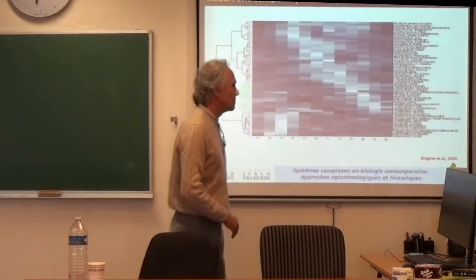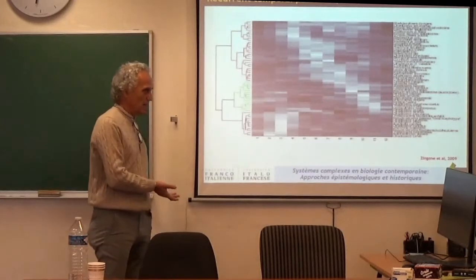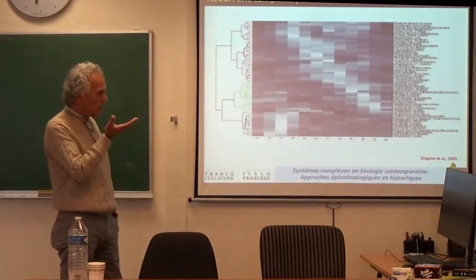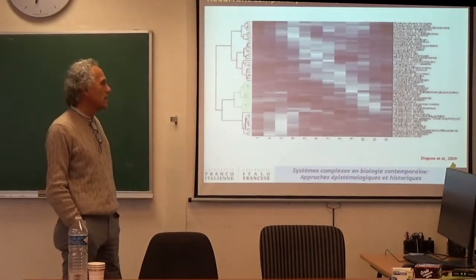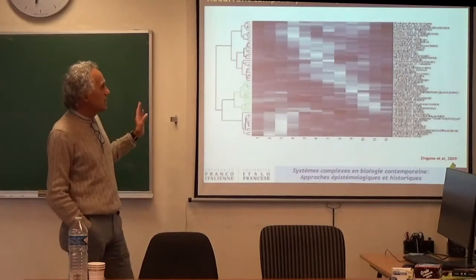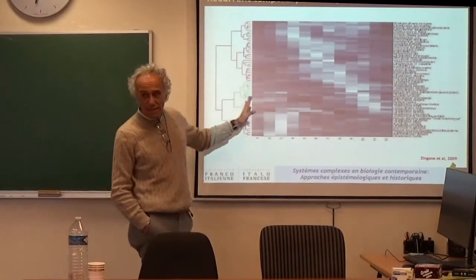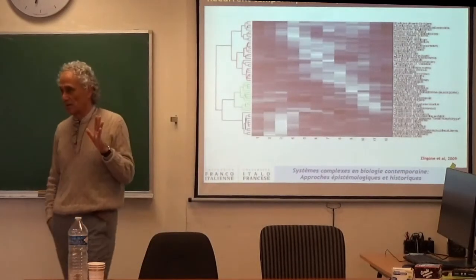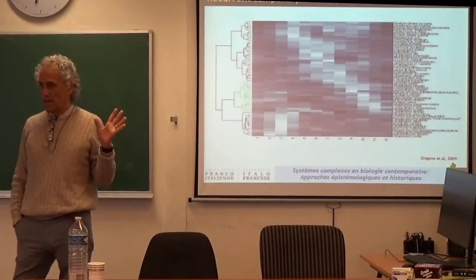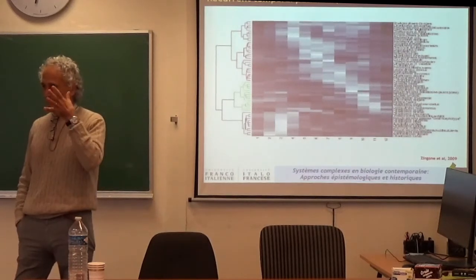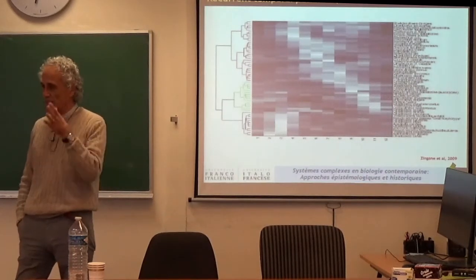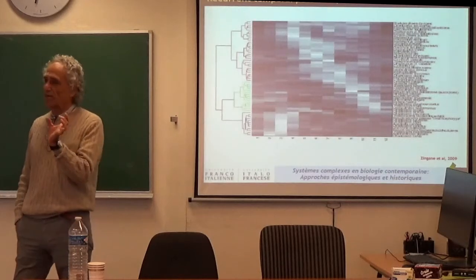Also, again, if we move up to macroscopic patterns, we see that there are very strong temporal patterns. The succession of plankton, phytoplankton in this case, is very well established. You have species that succeed one after the other.